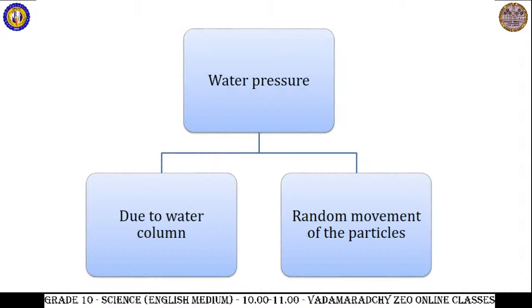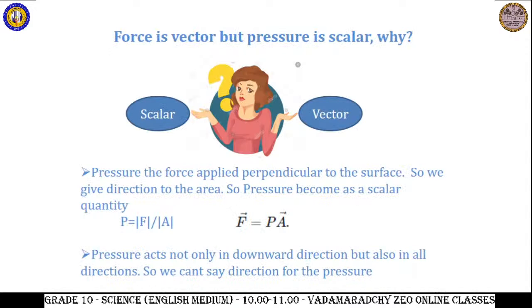The first is due to the weight of the water column, and the second is the random movement of the particles. These randomly moving particles bump into the vessel or any objects present in the water. So by two ways water pressure is exerted.